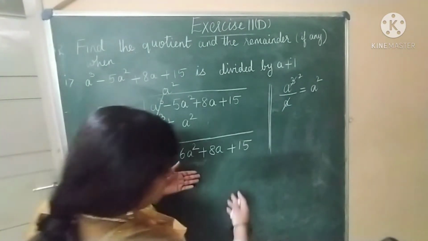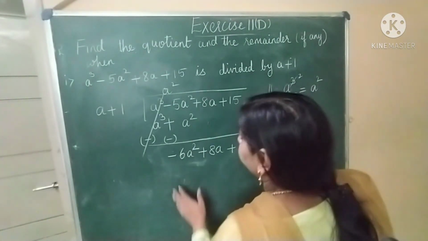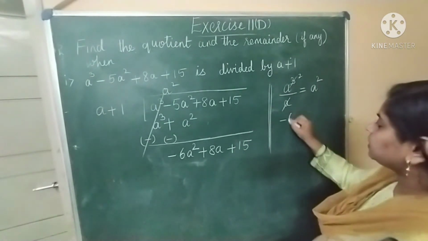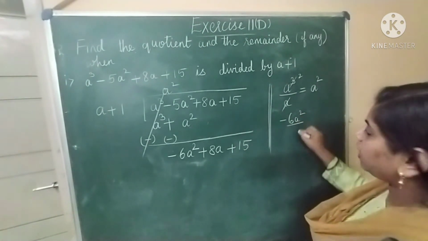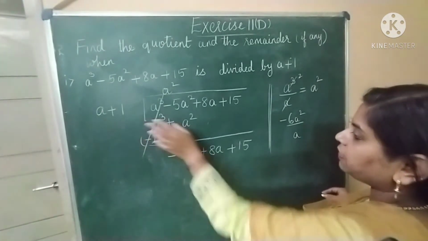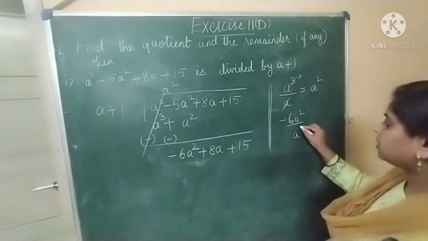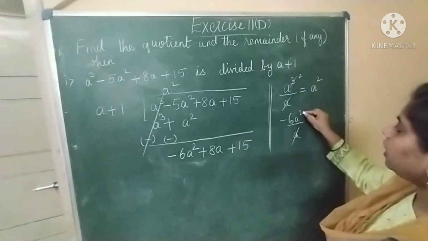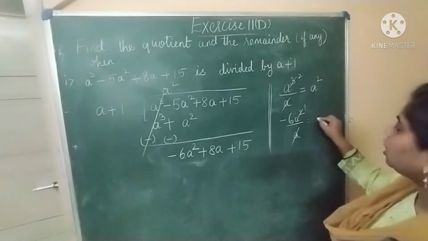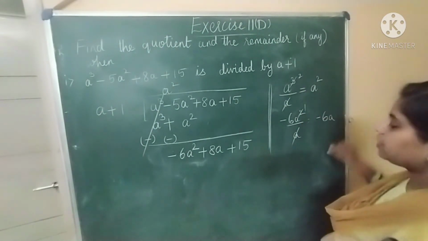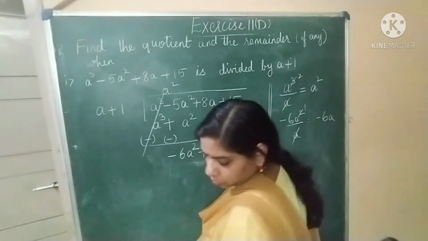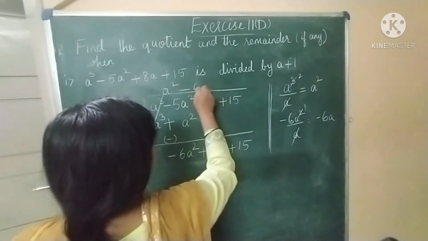We will continue the division. So minus 6a square divided by a, first term of the remainder with the first term of the divisor. If you see, you get a and 1a here will get cancelled, remain with 6a. So here the quotient is minus 6a.